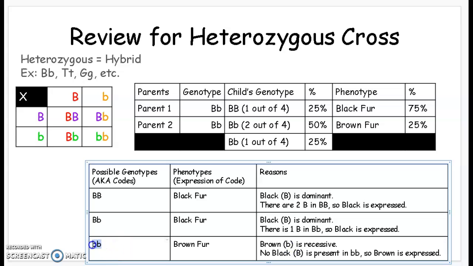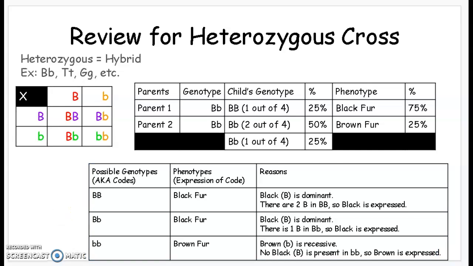And so in this example, there are no capital B's. So that means black, which is dominant, is not there. You don't have the trait. You can't express black fur. You have two alleles for brown. Brown is recessive. So there you go. You have brown fur. And that is the review for the actual question 2 of yesterday's assessment.